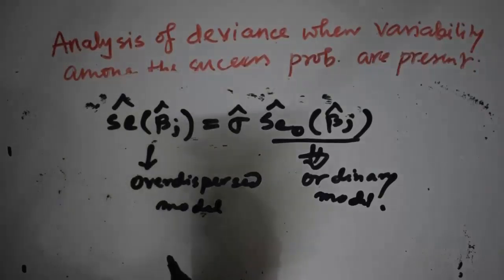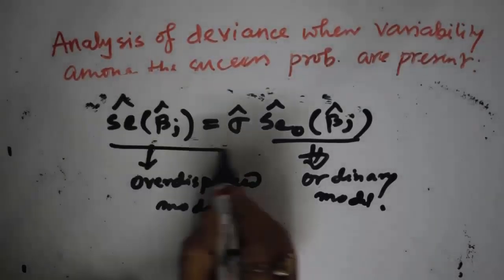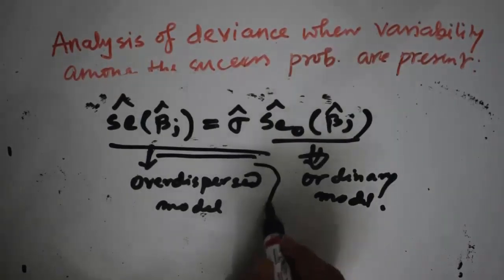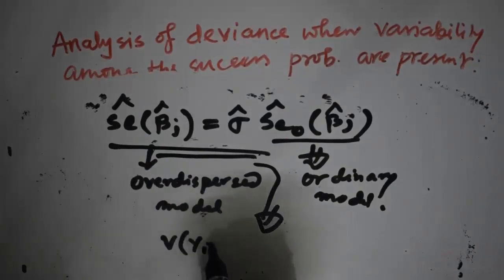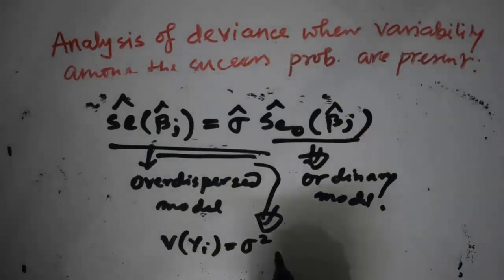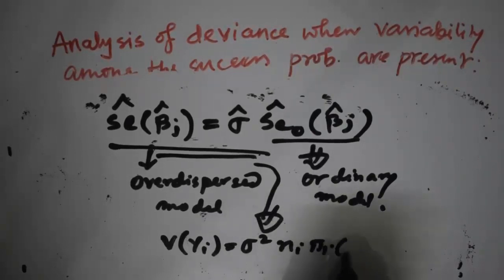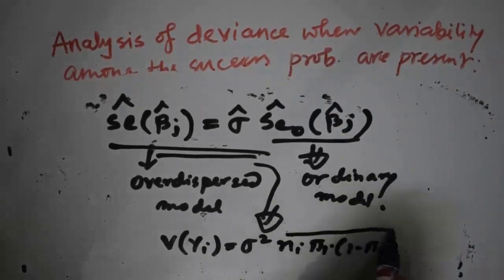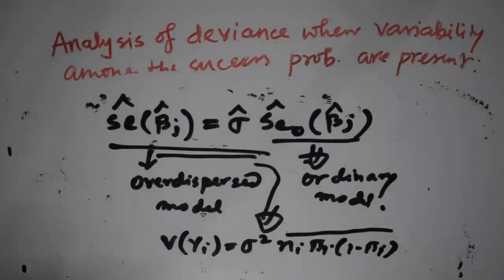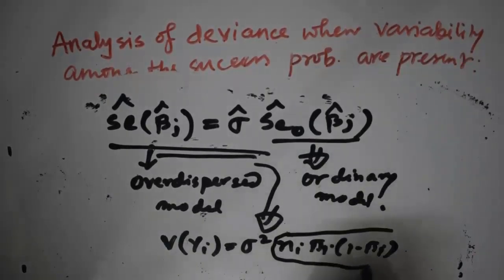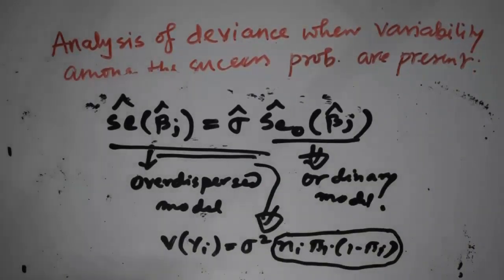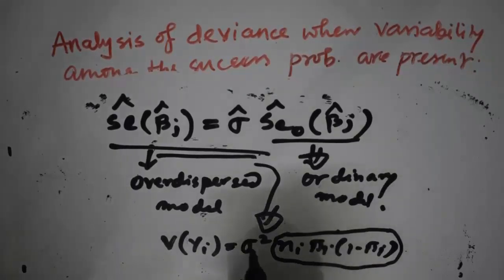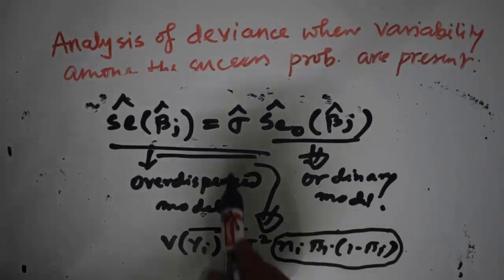This holds because we know variance of yi is equal to sigma square ni pi i into 1 minus pi i. We already proved this thing. So this part is nothing but variance of yi for ordinary model, and this is the additional part. So using this fact we get this one.